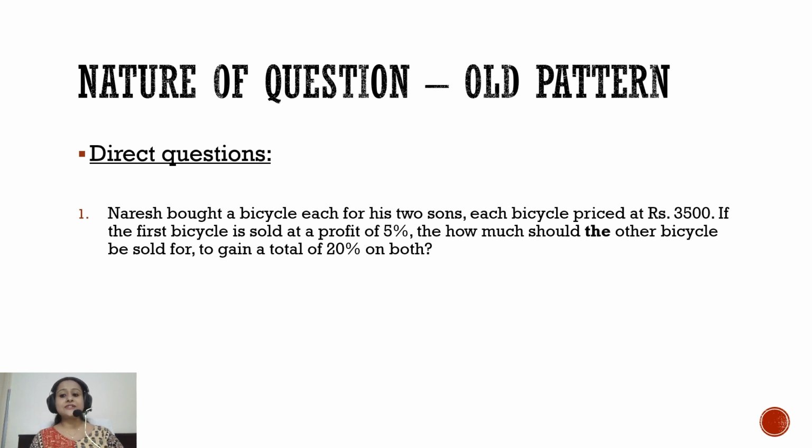Each bicycle is priced at 35,000. If the first bicycle is sold at a profit of 5%, at how much should the other bicycle be sold to have a total gain of 20% on both? So it is a clear numerical problem on profit and loss, and it was followed by 4 options because that was the old pattern.